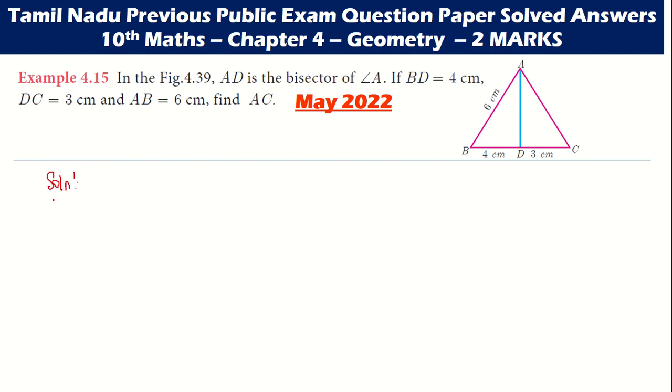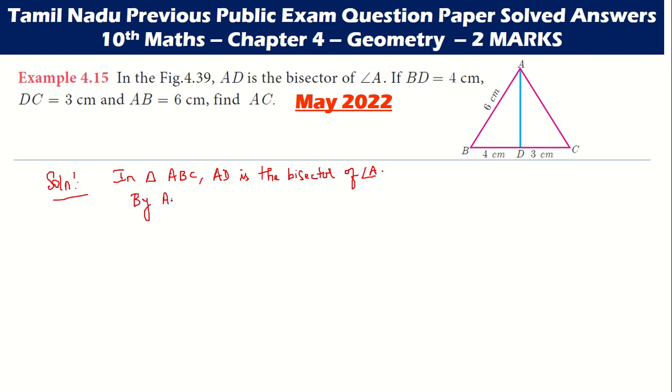They are asking us to find the value of AC. So for that, in triangle ABC, as per the diagram, AD is the bisector of angle A.